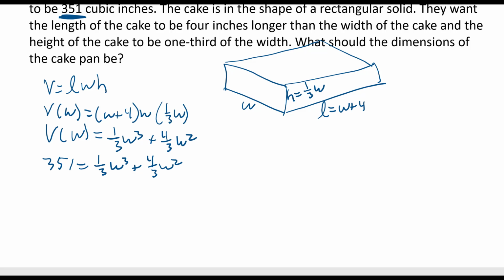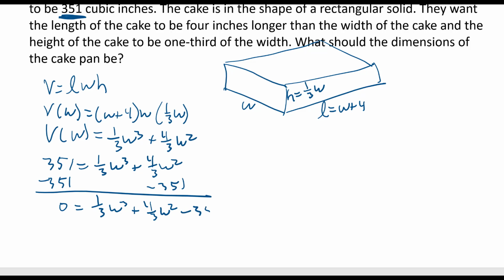Now, if we were to subtract 351 from both sides, we would have 0 equals 1/3 W cubed plus 4/3 W squared minus 351. And then we want to clear the fraction. I think that would be the easiest thing to do. So we multiply both sides by 3. 3 times that, 3 times that, and 3 times that.